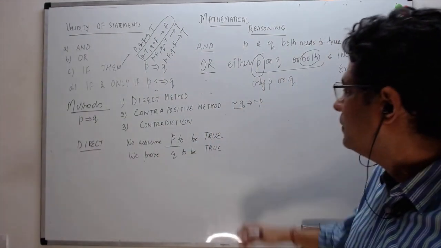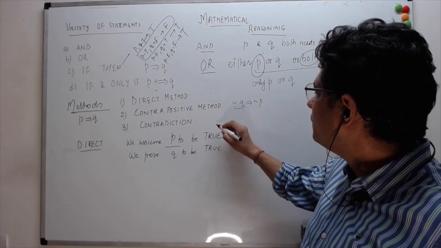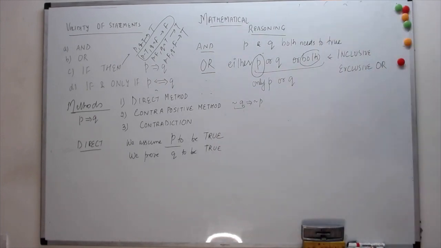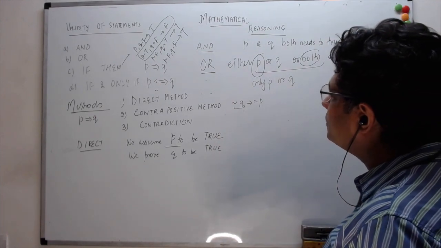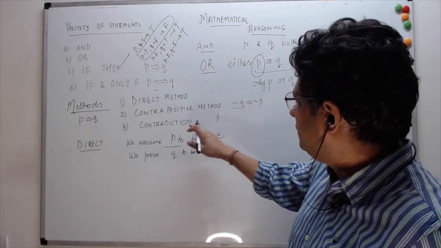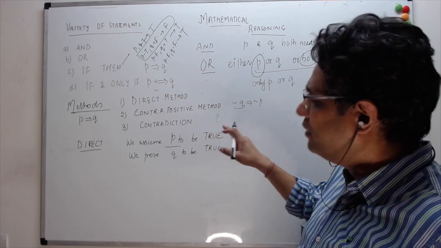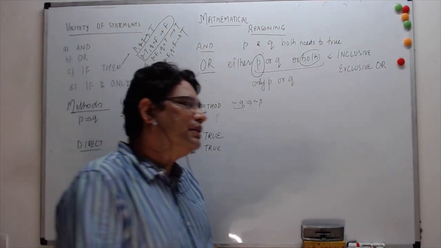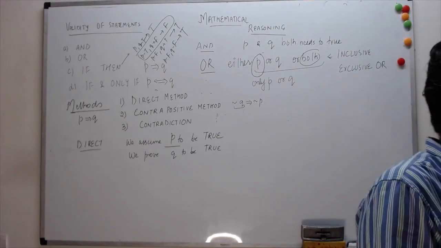And under contradiction, we basically assume something to be true, and in that case the assumption goes wrong.